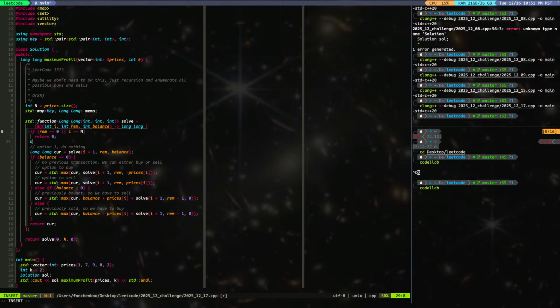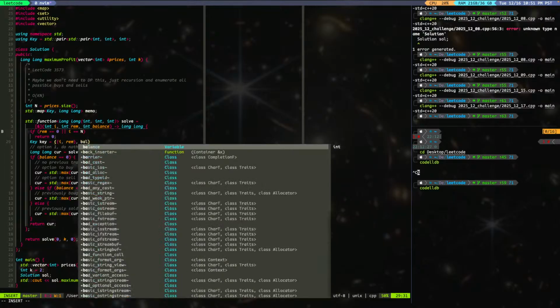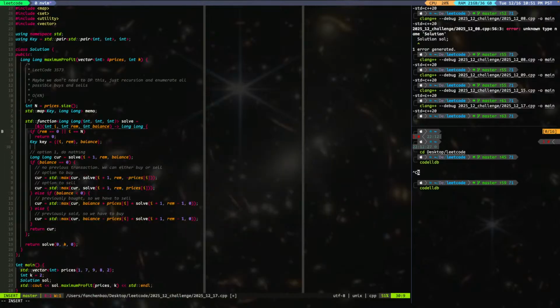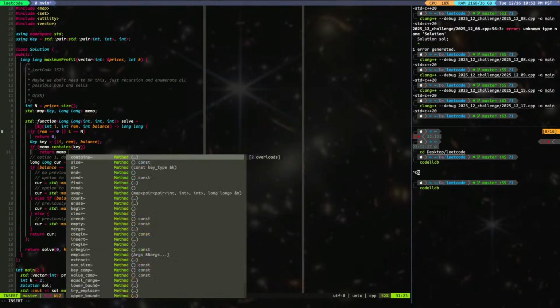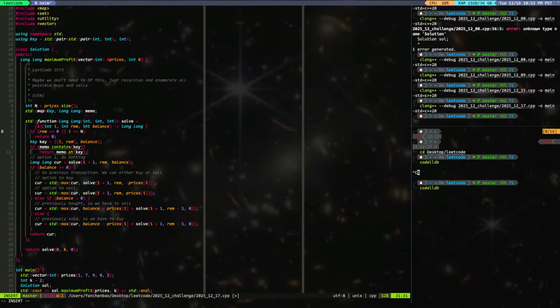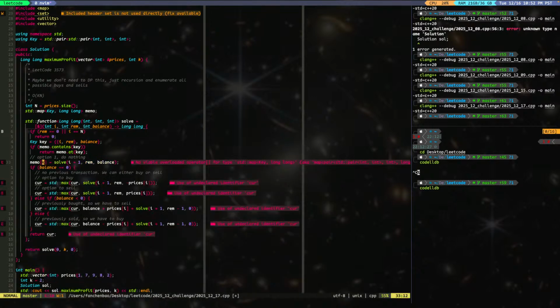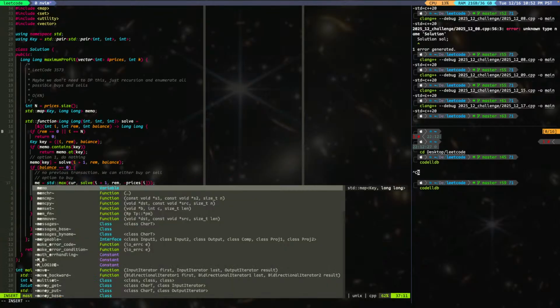So we can say key, I remaining and then balance. Okay, say if memo.contains key, return memo at key. Okay, otherwise memo key equal to this, right? And balance equal to 0. Then we say memo key.